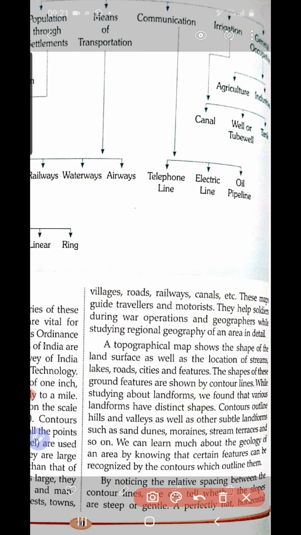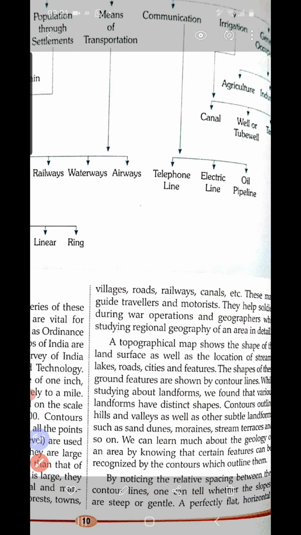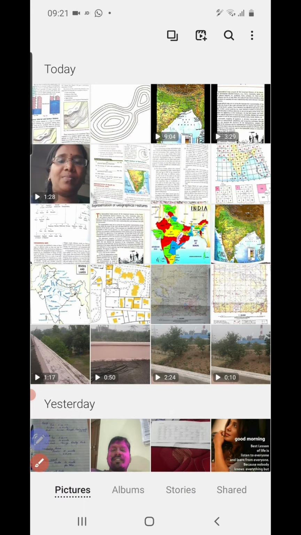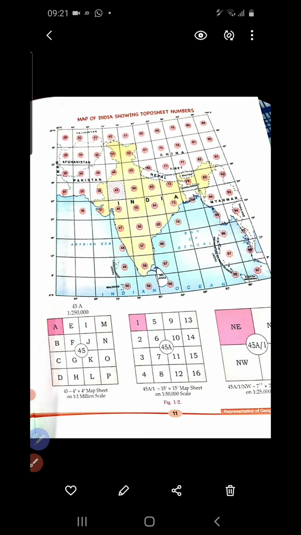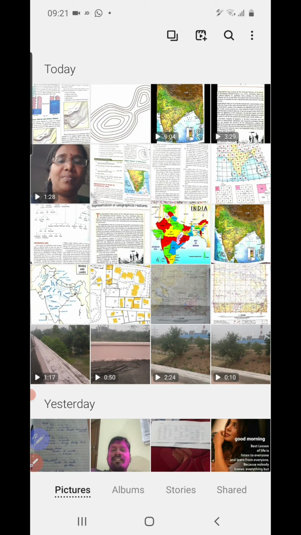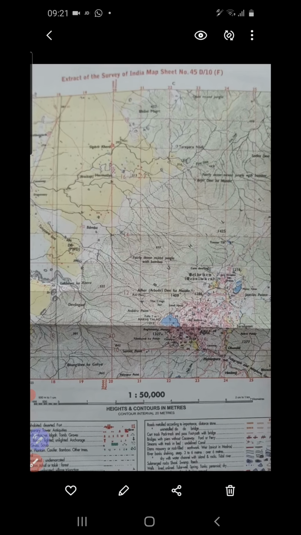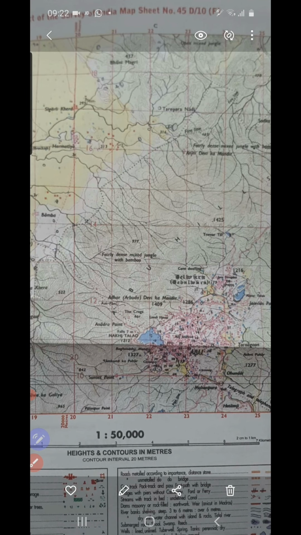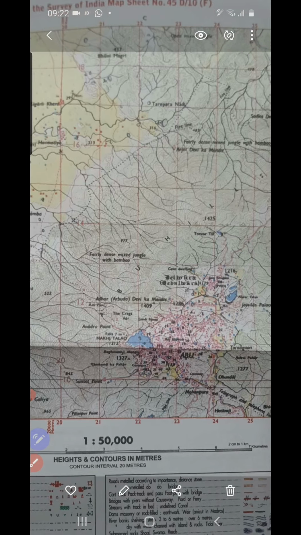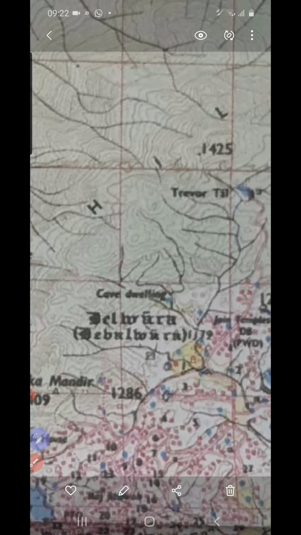Children, let's look into this topographical map. It's not so clear, but the color is still very visible here. You see some brown colored lines. If you observe very clearly, I am zooming it.